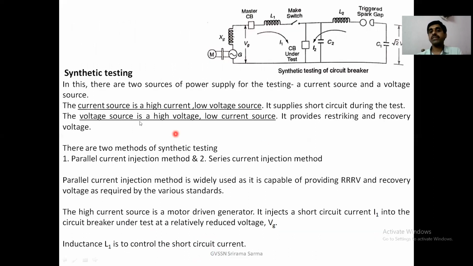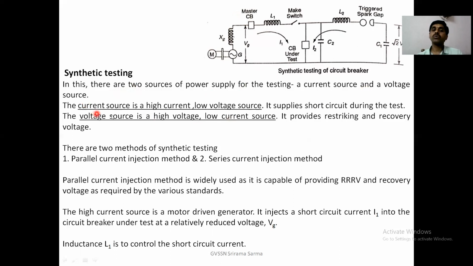Next, synthetic testing. You can see the setup of the synthetic testing here. We will discuss each and every component of this synthetic testing setup. In synthetic testing, there are two sources of power supply: a current source and a voltage source.